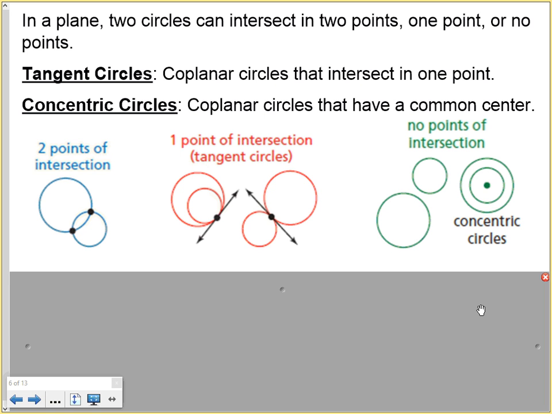So 2 more vocab terms here. We're almost done, I promise. Tangent circles, almost done with vocab. Your tangent circles are coplanar. We haven't heard that word in a while. Coplanar just means on the same plane. So coplanar circles that intersect in 1 point.